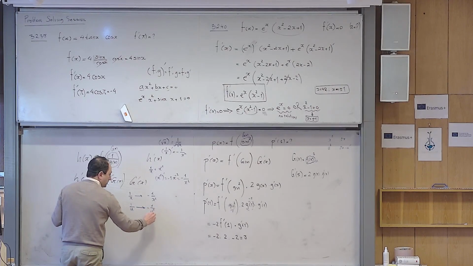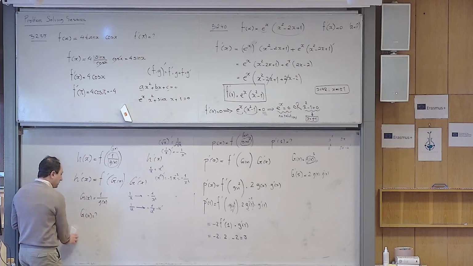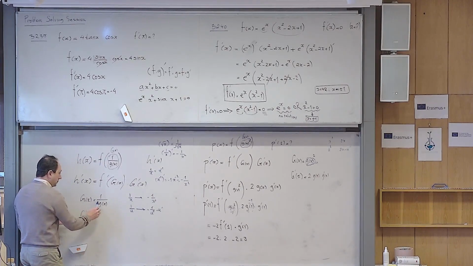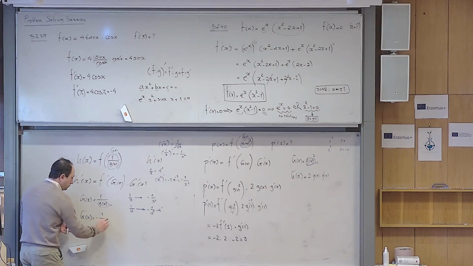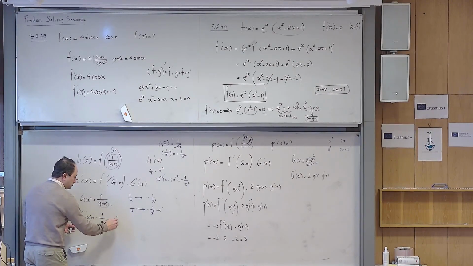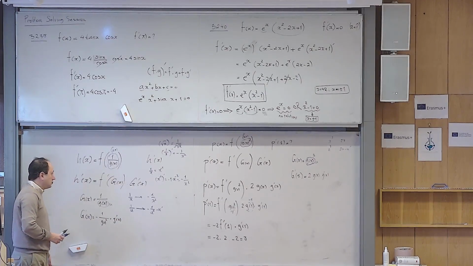But the only thing that you have to remember is to multiply by u prime. So here if I ask you what is g prime of x, in your head you can give the rule of u to this. So the derivative becomes minus 1 over u squared multiplied by u prime. That's it. Yes, and then you are done.